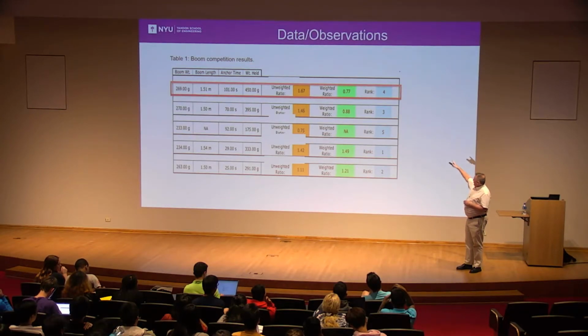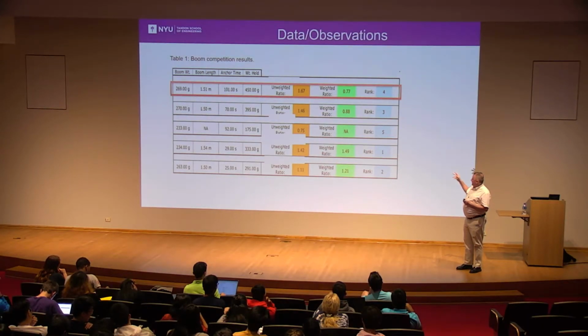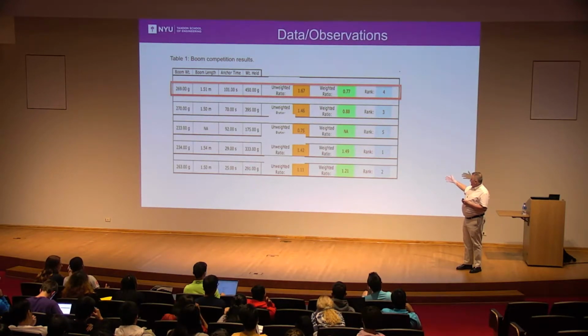Then third and fourth had ratios that weren't very good compared to 1 and 2. So it might be possible in that case to say that those two things need to be, well, actually, let me amend that. You might be tempted in this case to say that those two booms need to be redesigned because their ratios were significantly below the ratios achieved by 1 and 2.